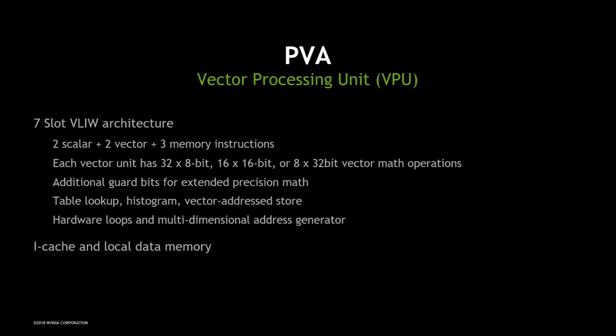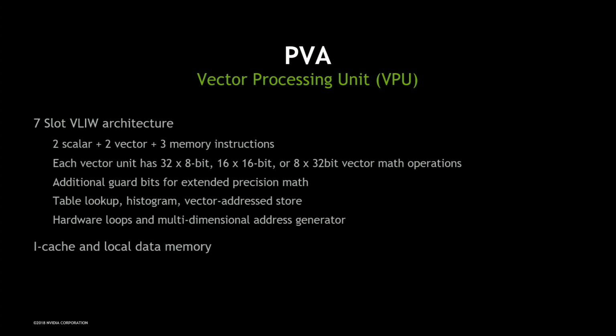So let's talk a little about what is in the vector pipe. The vector pipe is a 7-slot VLIW. 2 of those are scalar slots, 2 vector slots, and then 3 for memory. Now each vector unit, and I mentioned there's 2 vector units in each PVA and then two PVAs, each vector unit is capable of 32 by 8-bit math instructions, 16 16-bit math, or 8 32-bit math vectors.